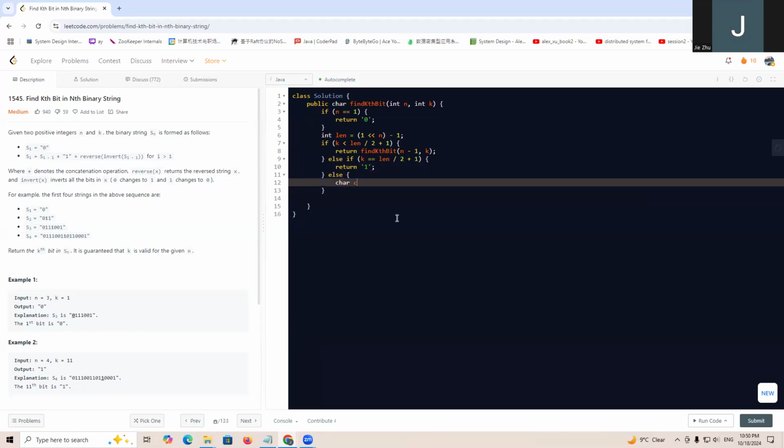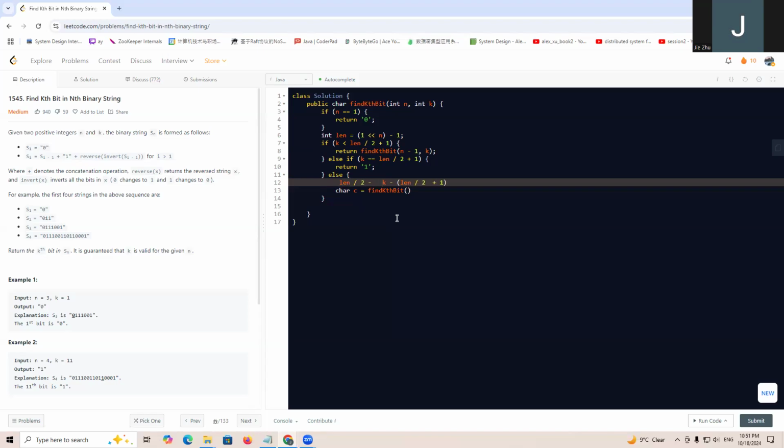We say char c equals find. The first thing is that we need to find in the later part, and also do a reverse, that is the length divided by 2 minus this.